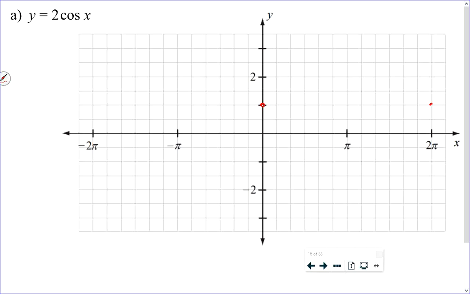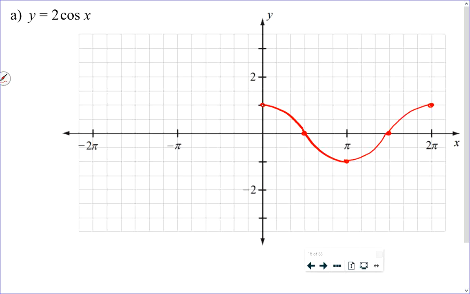It's going to return to that vertical location in 2 pi. It's going to intersect the x-axis here, be down at -1 here, intersect the x-axis again there. And obviously that's cos x, and you wouldn't just draw straight lines, right? If you want to draw this, that's fine, but it's not the graph we're after. If you were to draw this, that is what cos x looks like.